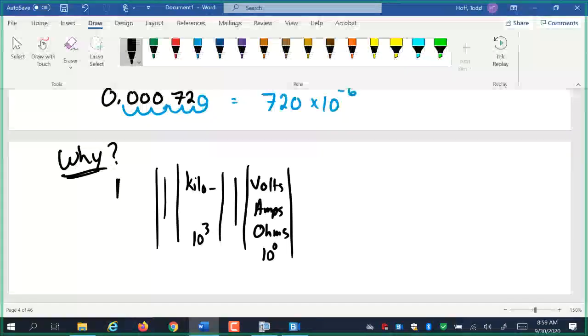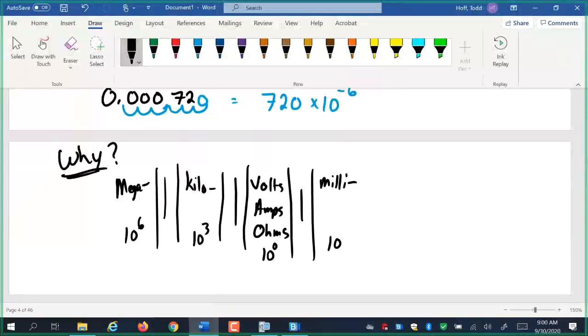We keep going up, we've got megaamps, megavolts, megaohms, that's 10 to the 6th. A megaamp is huge, by the way. Kiloamp is huge. Going smaller, we go down to milli. A millivolt is 10 to the -3rd volts. Keep going, we have micro. Microvolt is 10 to the -6th volts.